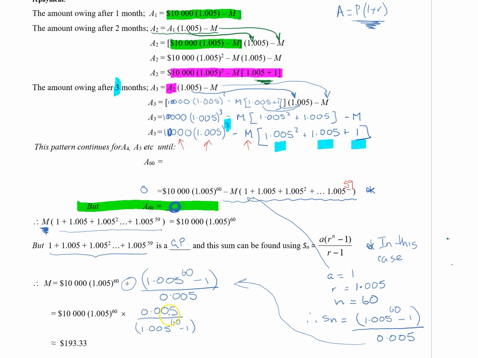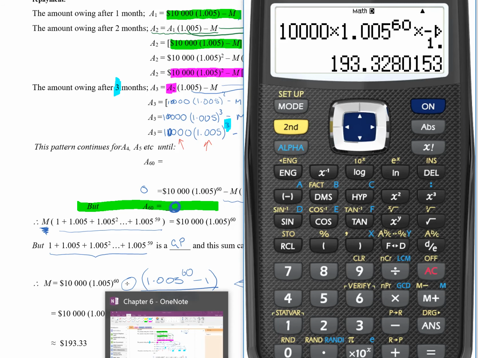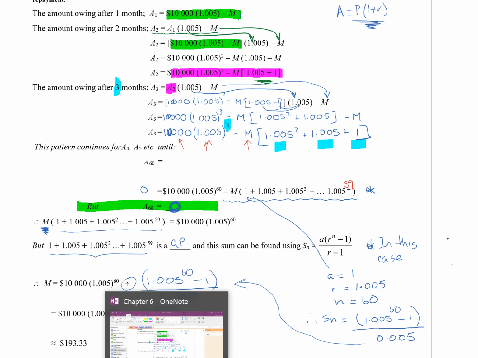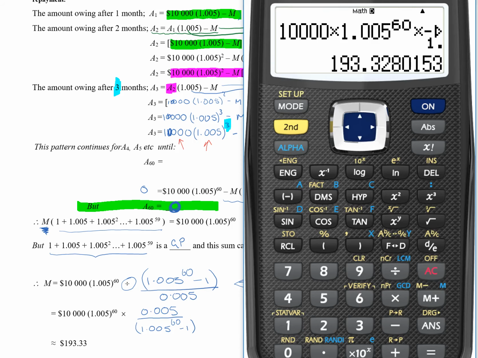Dividing by a fraction, you invert and multiply, then going to the calculator, hopefully you can see that, you get this 193.328015, and I'm sure you'll be able to get that anyway.